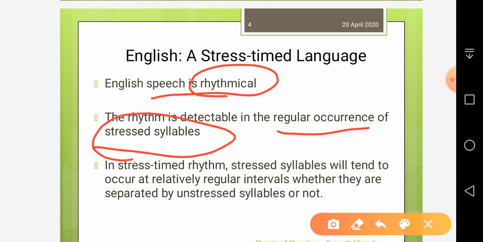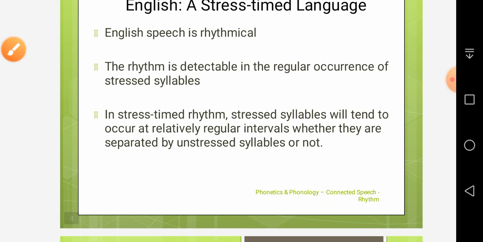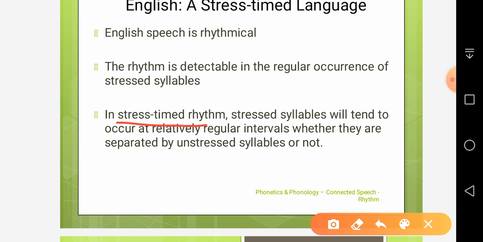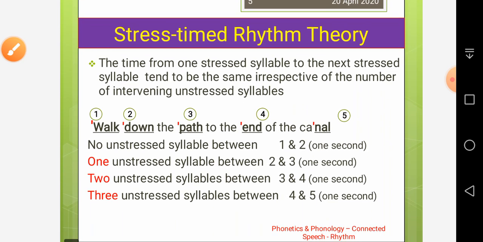Later on, I'll explain what I mean by stressed syllables. The second point, which I'm going to elaborate upon later, is that in stress time rhythm, stressed syllables will tend to occur at relatively regular intervals, whether they are separated by unstressed syllables or not. Now let me explain it.